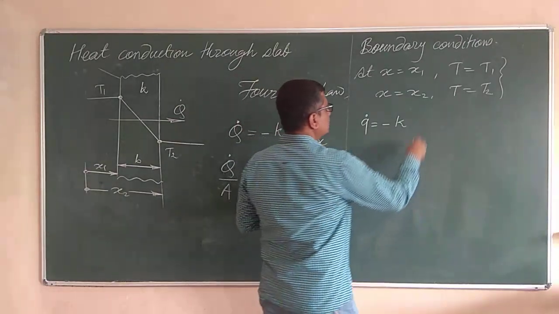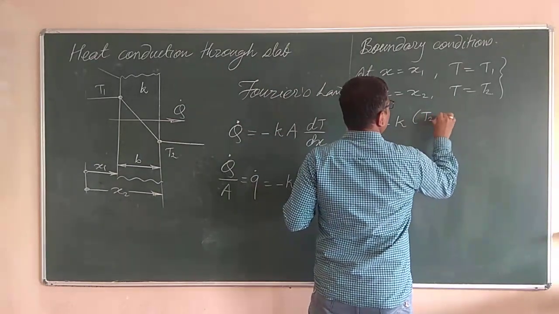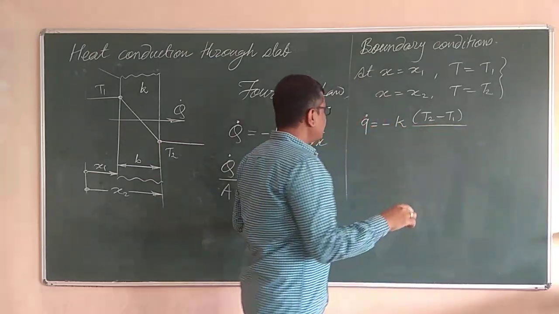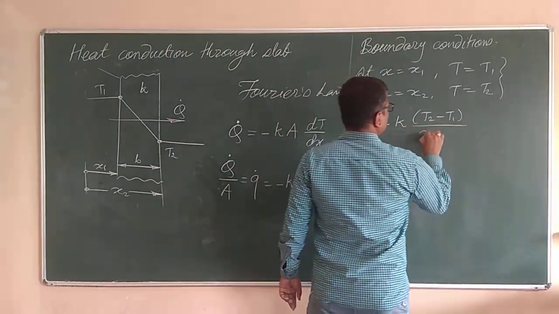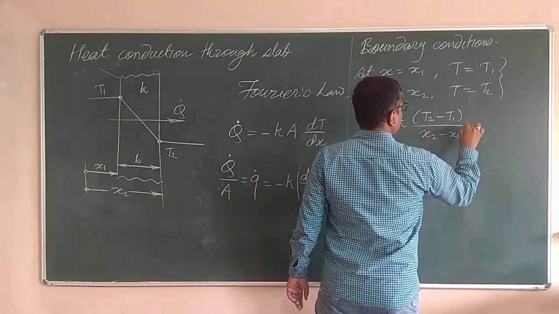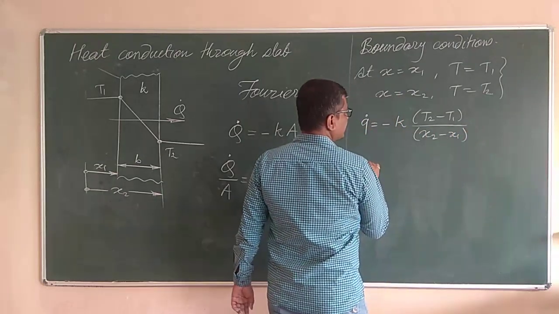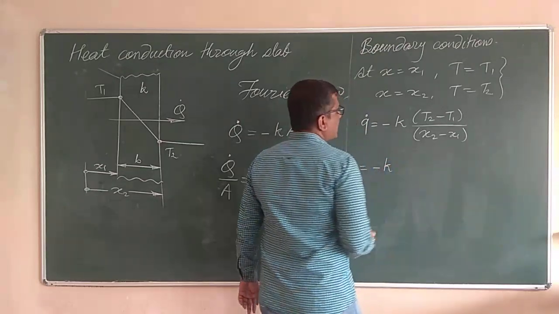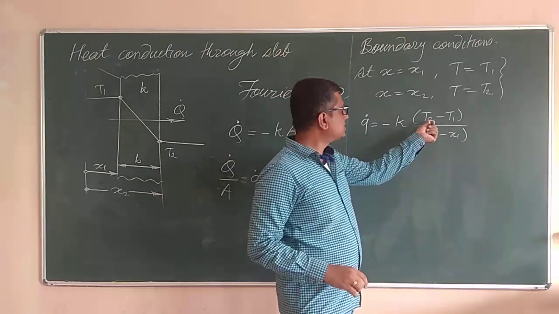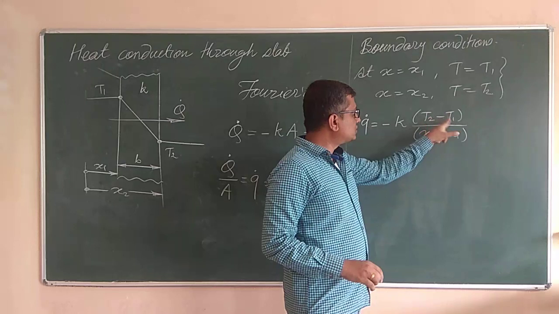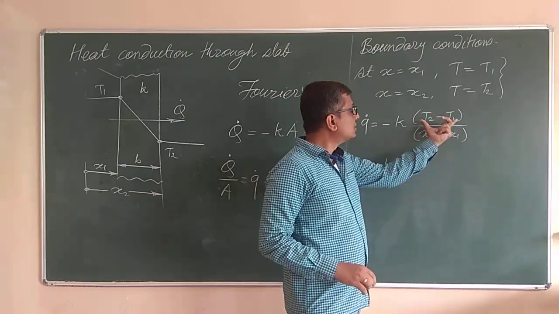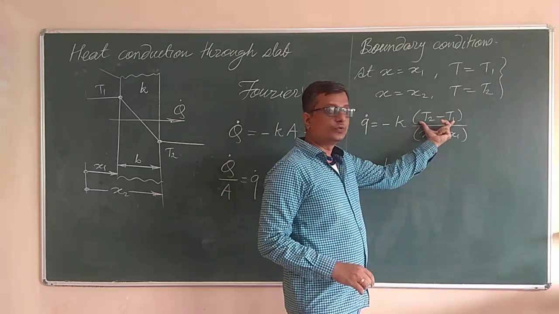It will be T2 minus T1 divided by dx, which will be x2 minus x1, and it is minus K. Look at this, T1 is more than T2, so the difference of these two terms will be a negative term.